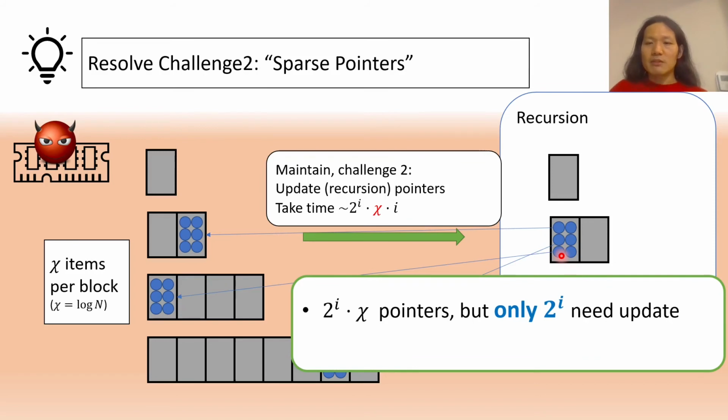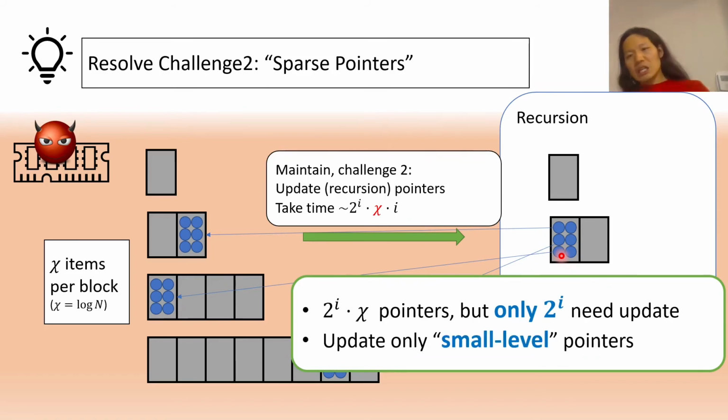The second observation is that just looking at the value of this pointer, we can immediately decide whether this pointer needs an update or not. Why? Because we only shuffle blocks in level I. So if a pointer points to a block that is in a lower level than I, then this lower level block is not yet shuffled, so this corresponding pointer doesn't need an update.